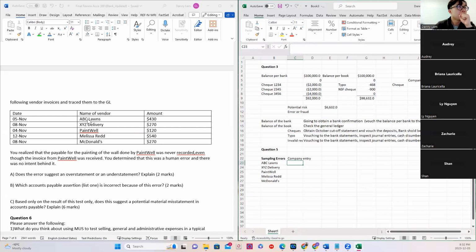Oh no, sorry, I thought you meant Paintwell. Okay, so for payroll, how much did they put? Zero. Zero, right? And for all the other accounts? They entered the invoice amount, I'm assuming. Invoice amount, exactly right. So 430, 270, 540, great, 270. That's the company entry.